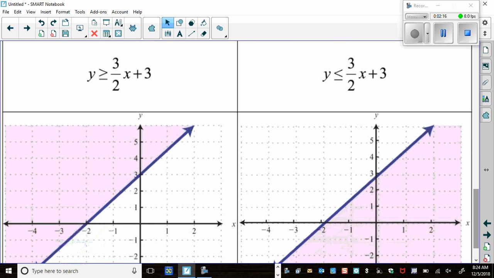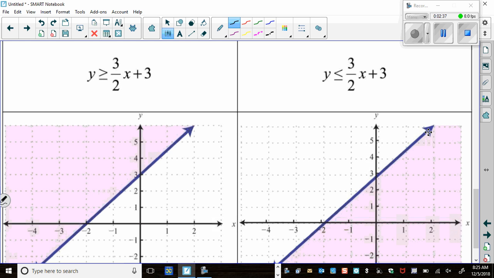Notice how you have two equations. One of them has this greater than symbol and this one has a less than symbol. Your line is a solid line because you have the equal to part, and now you can see based on what they're giving you, you're either going to be shading above the line or below.